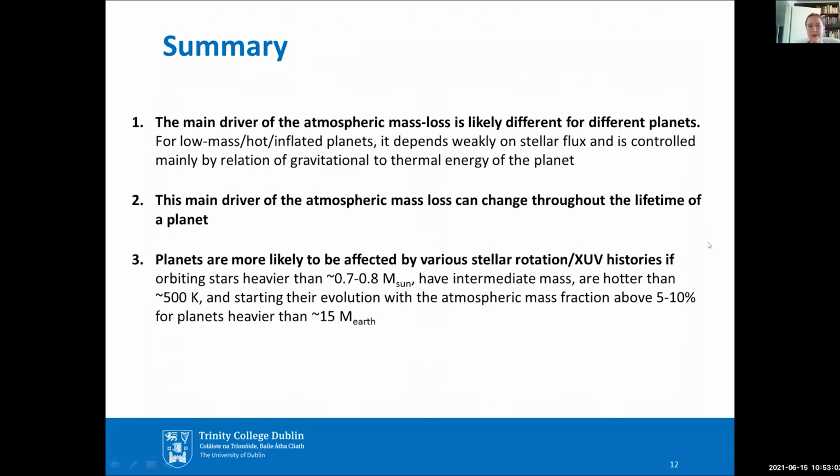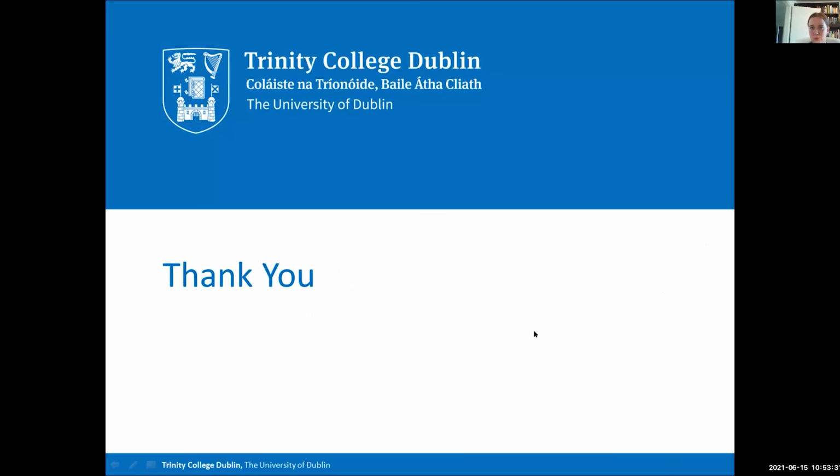So to summarize, it is likely that the main driver of the atmospheric mass loss from planets relevant for population studies is not the same for different planets and can also change throughout the lifetime. And the uncertain history of the stellar XUV will be more relevant for intermediate mass planets orbiting heavy stars and being hotter than 500 K. So here I will stop. Thank you, and I'm happy to take questions.